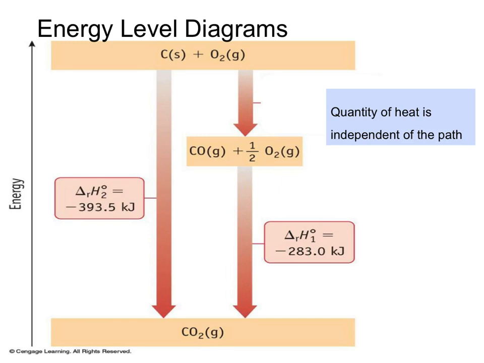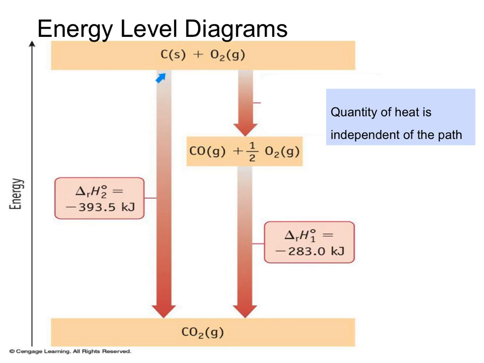We also have enthalpy information for carbon monoxide plus oxygen to form carbon dioxide. And so remember, as a state function, the quantity of heat of this reaction is independent of the pathway. And so what that means is that we can use the energy we know from this reaction and then the energy we know from this reaction in order to get there.